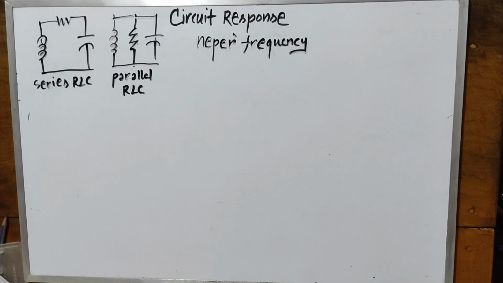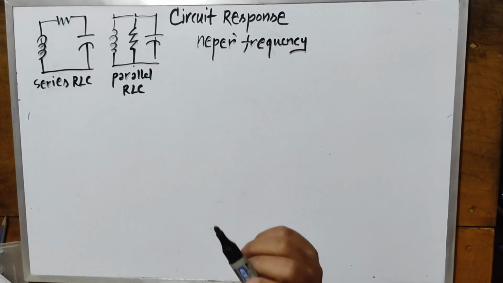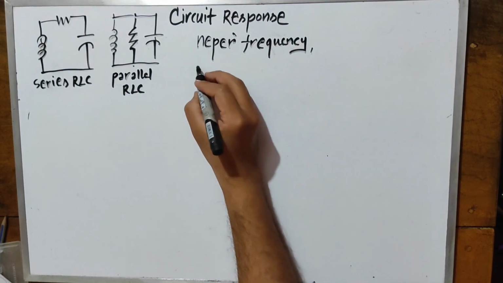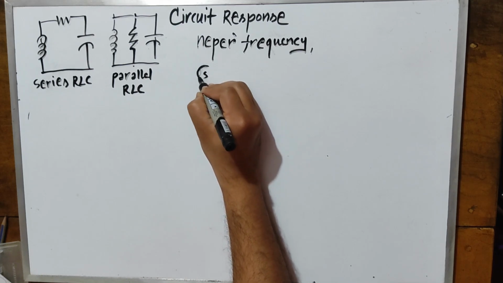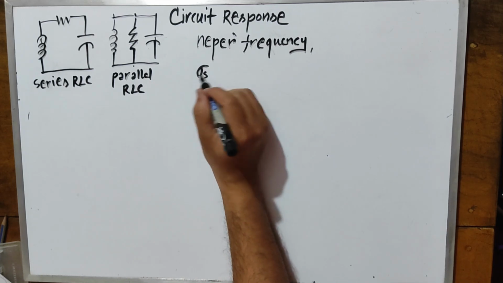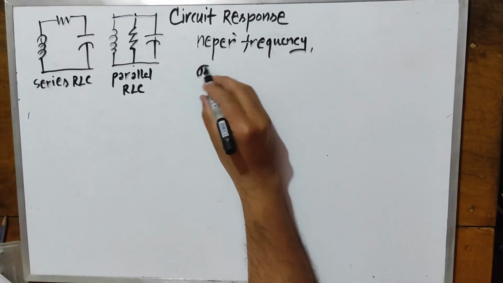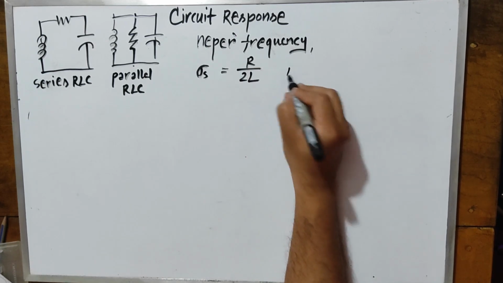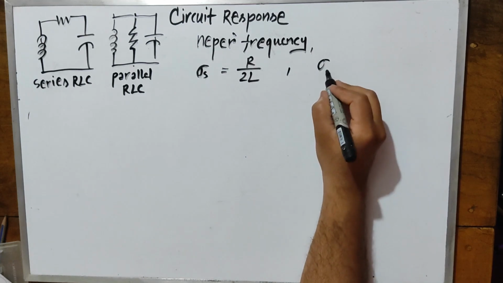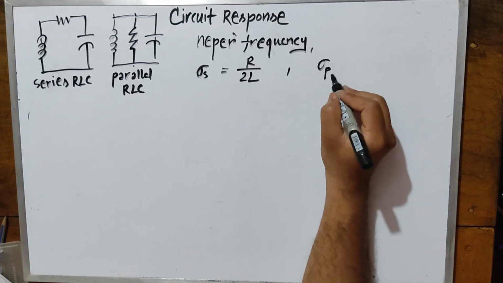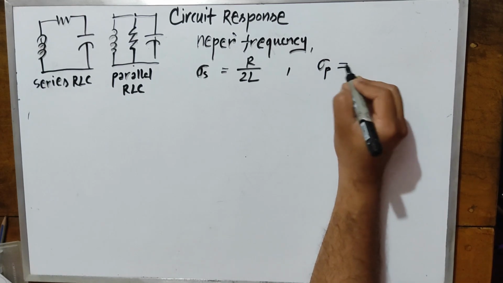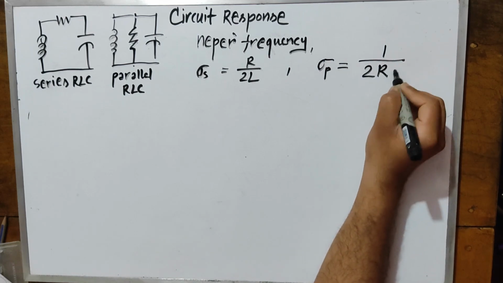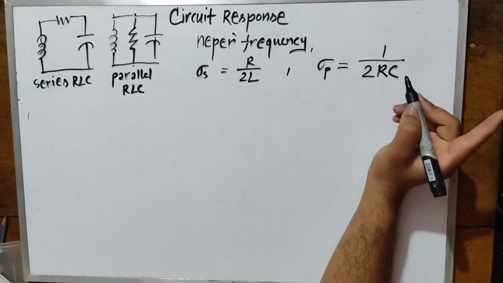For the series RLC circuit, I am denoting the Napier frequency as sigma s, which is R by 2L, and the Napier frequency for the parallel RLC circuit as sigma p, which is 1 by 2RC, if you remember correctly.